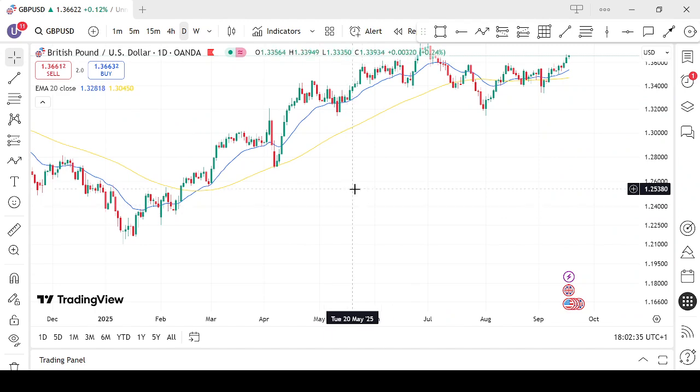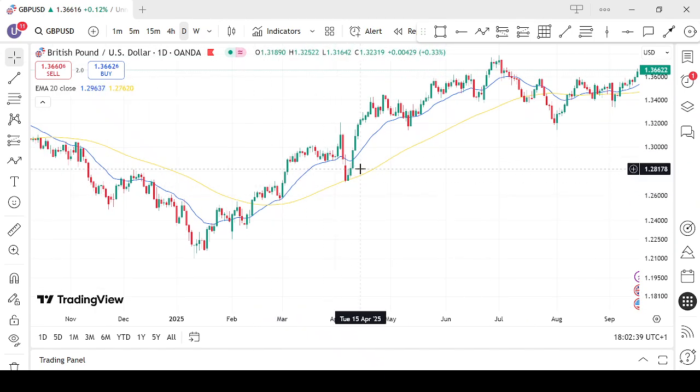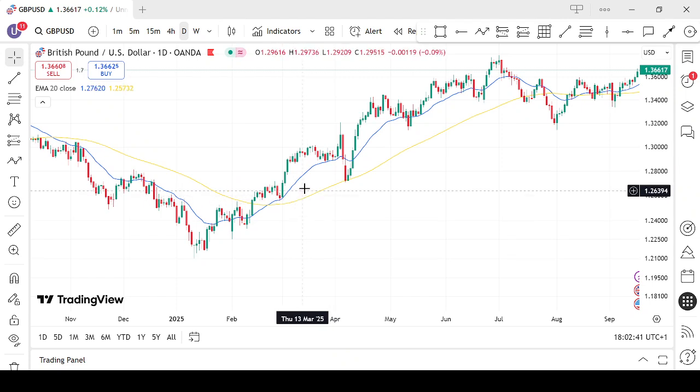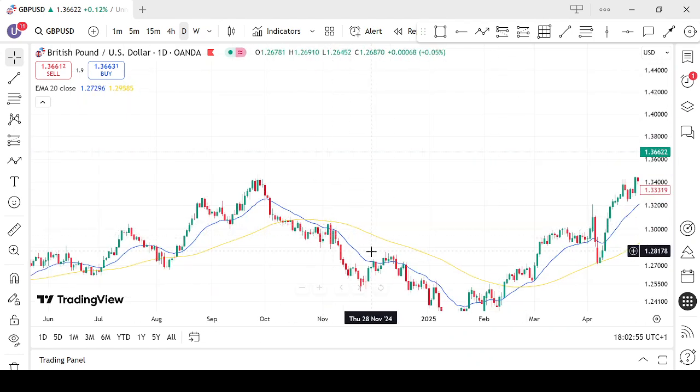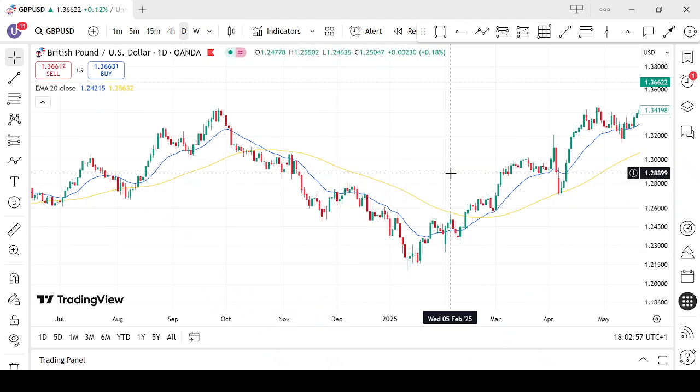All we need to do is, when the 20-day moving average sits above the 50 moving average, meaning when this blue line crosses above this yellow line, you would need to know that we are in an uptrend, while when the blue line sits below the yellow line, it means that we are in a downtrend.